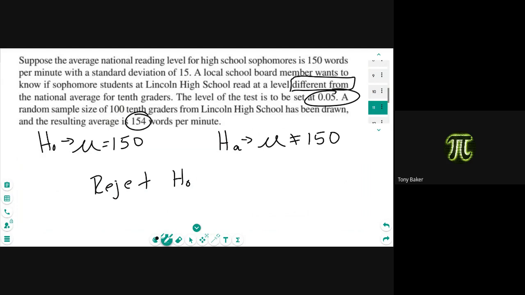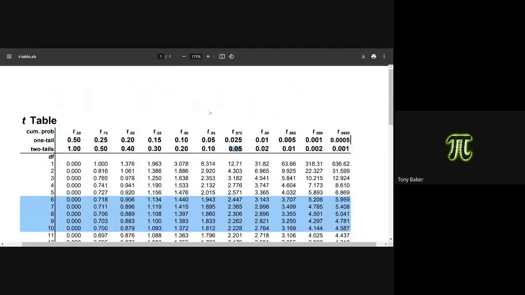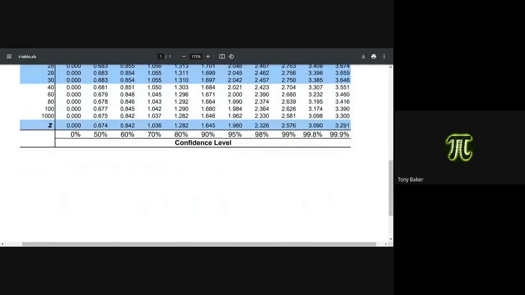Now, why we're looking at the directions matters. If you look at your t-table, and we were only looking at one-tailed, that's where the 0.05 is. Look at your z-score for that one. It's different.